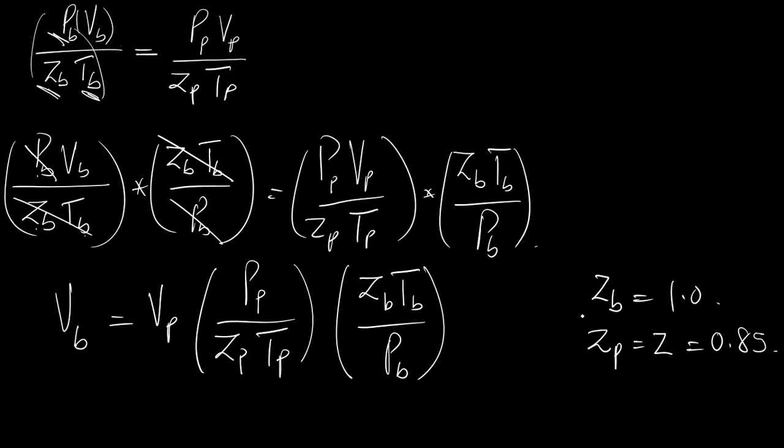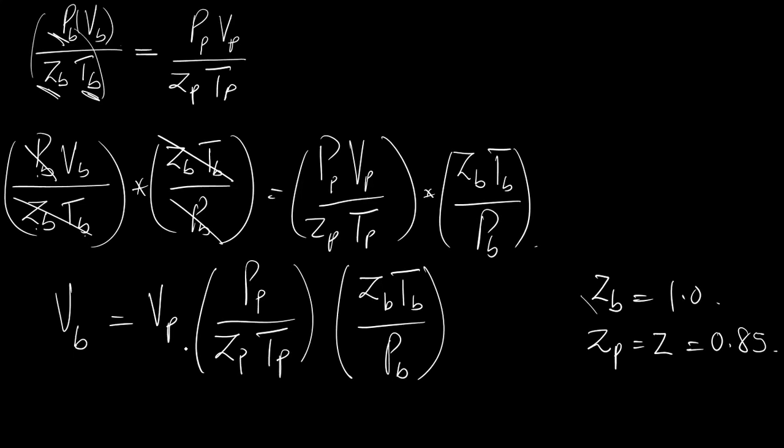So now we have to replace ZB, which is the compressibility factor of the gas at standard condition. So at standard condition, actually the ZB, the Z is always 1.0, that is 1. So we replace it with 1.